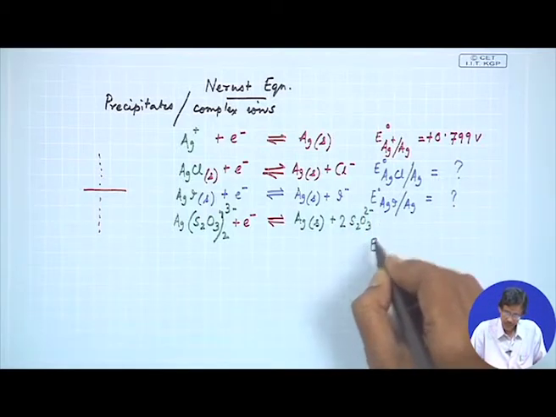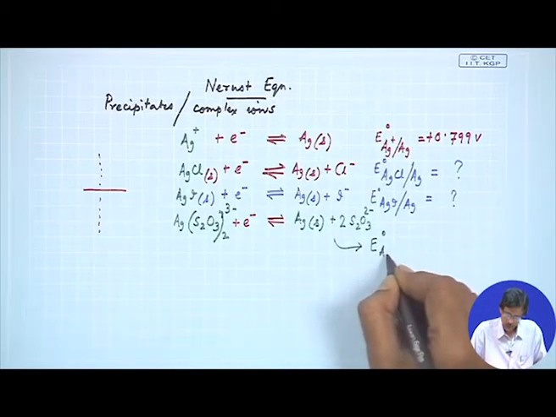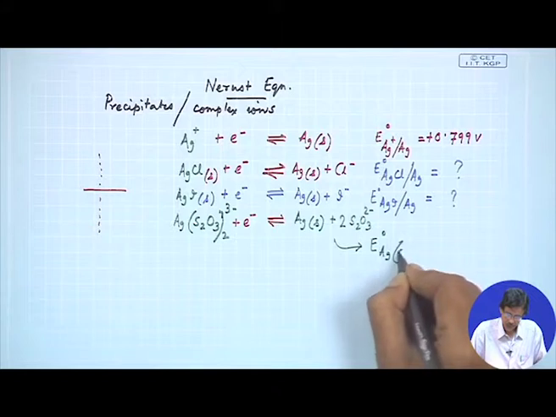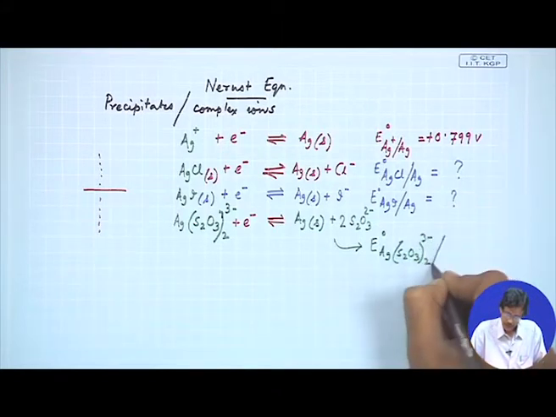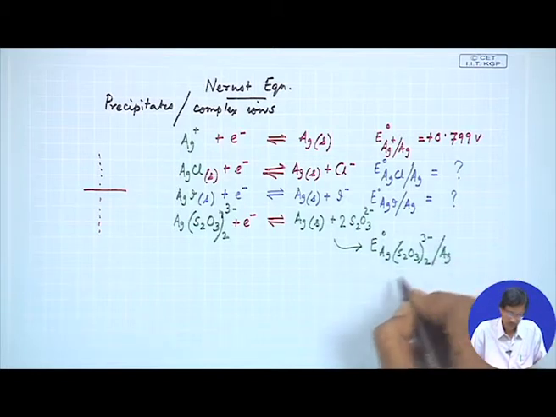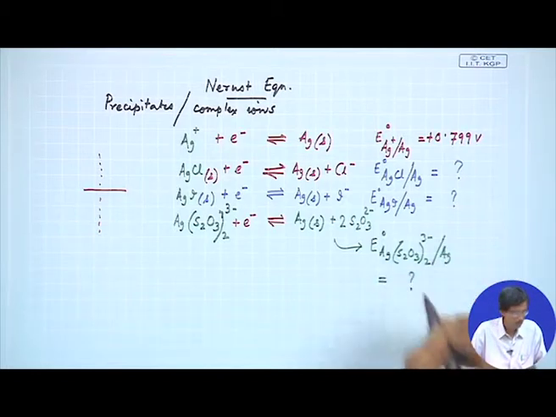And we have therefore the corresponding E0 of this silver S2O3 whole 2 3 minus against silver; we should know this value also.